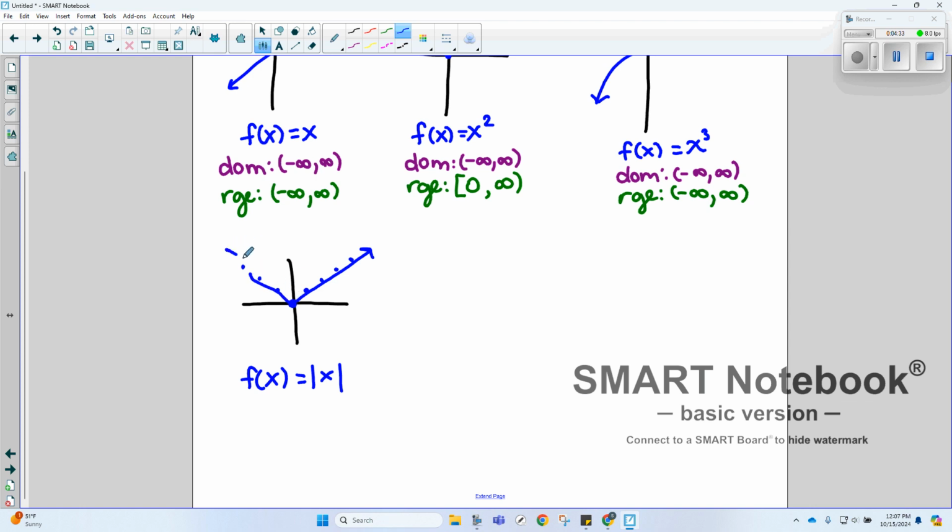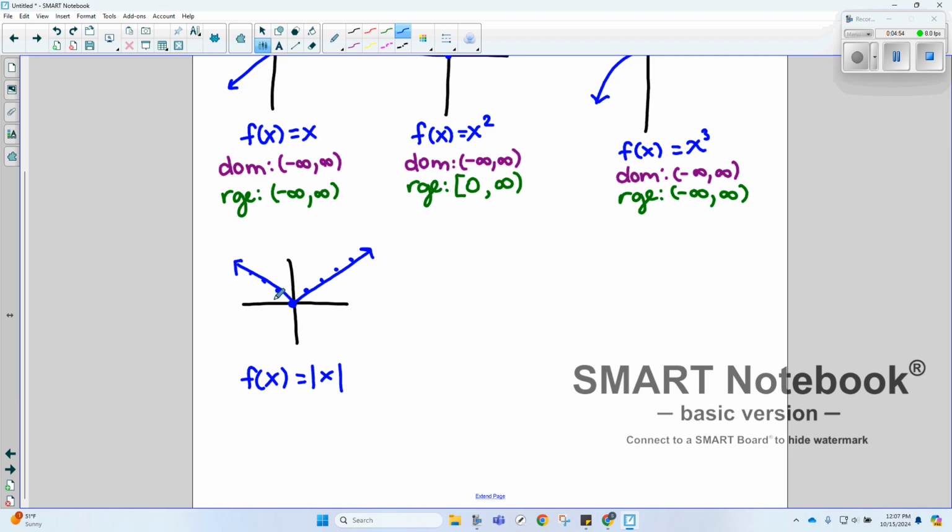This is a horrible picture, and I apologize. I don't do super great on a tablet. So our absolute value of x is kind of like a line broken in half.